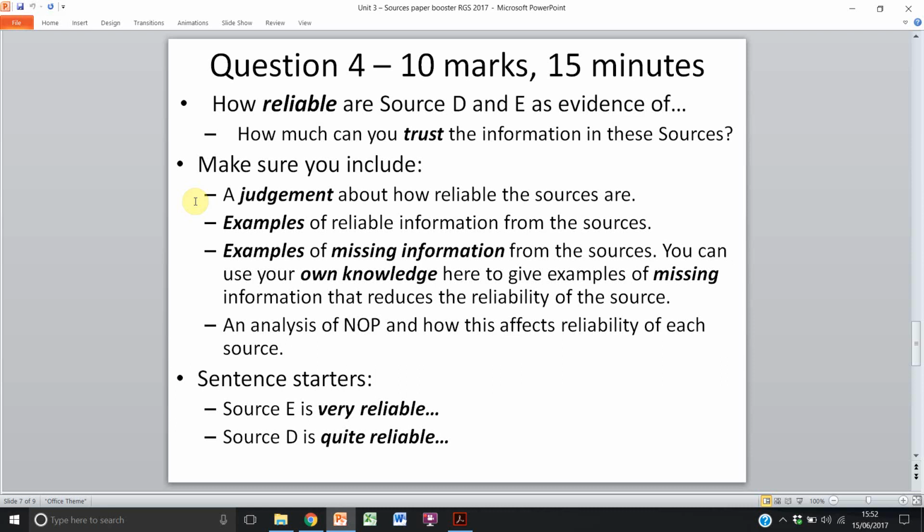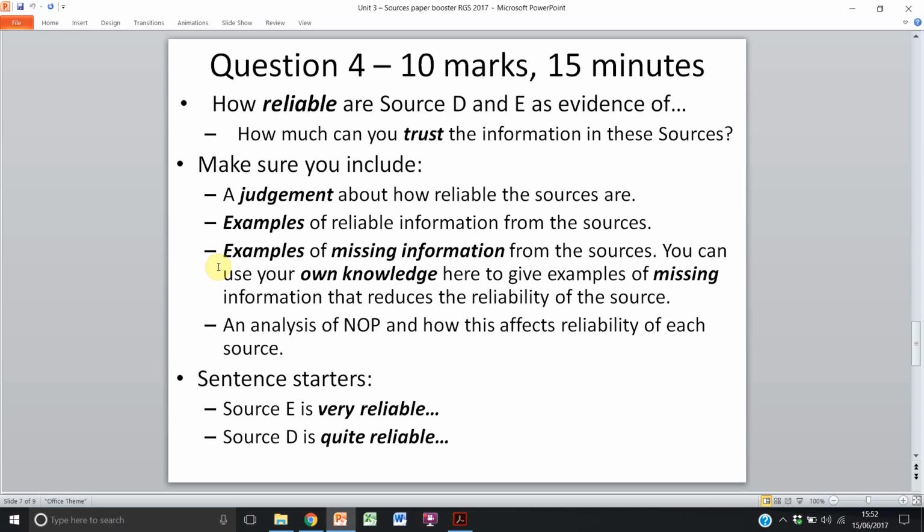You need to give examples of reliable information from the sources. Okay, again, to do that, you need to quote the sources, or if it's a visual source, describe what's in the image. You need to give examples of things that are missing pieces of information from the sources.